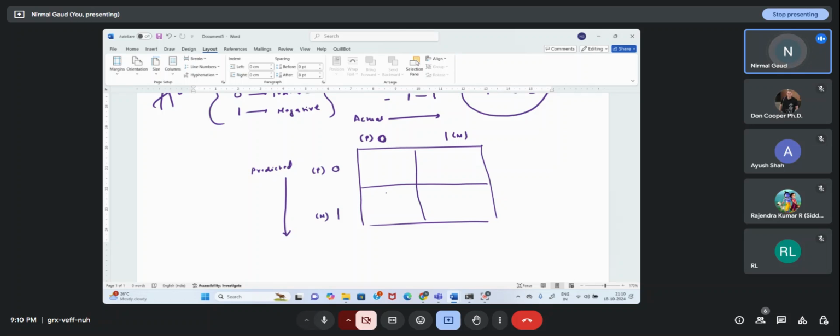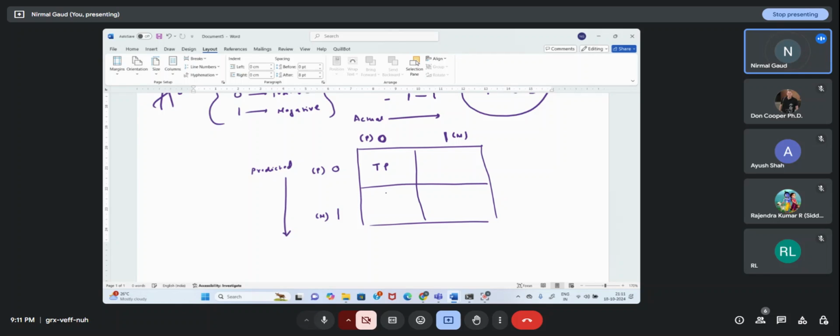So if the actual value is 0, the model also predicted 0. This is true positive. Positive you have already considered: 0 is positive, that you have already put in your assumption. If the actual and the predicted both are positive, then true positive. Okay.